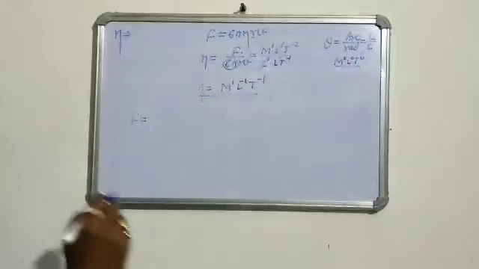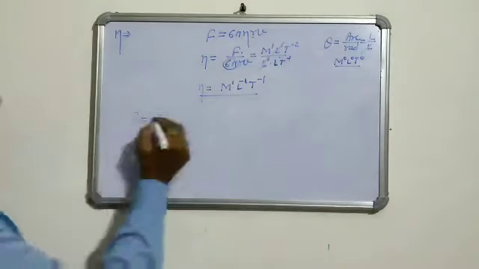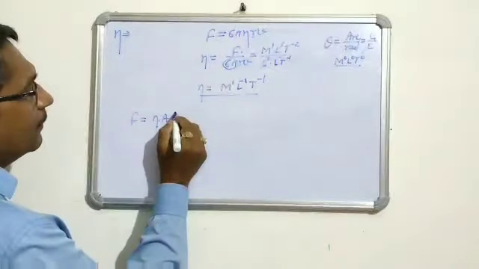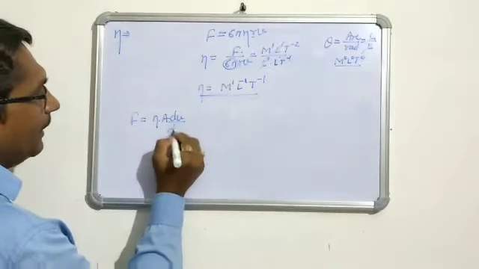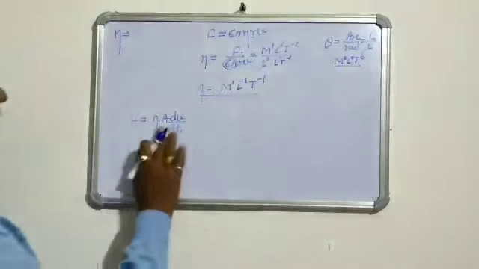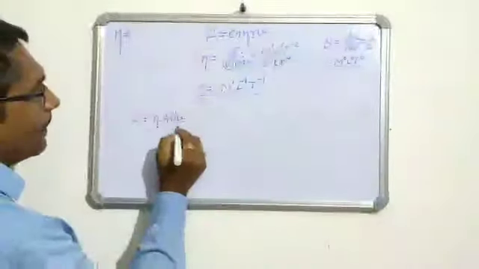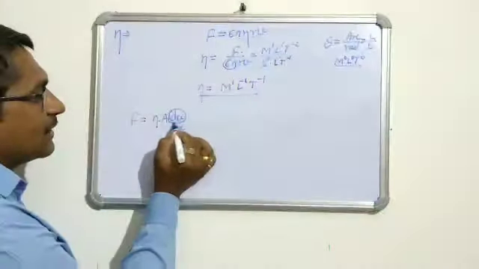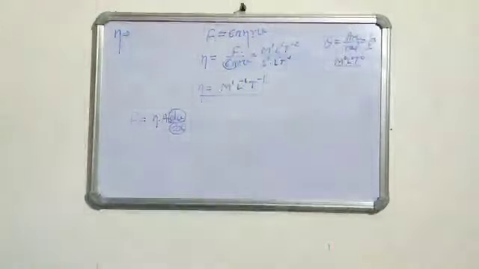F is equal to eta times area times velocity gradient, dv by dx. This dv is a very small change in velocity and this dx is a very small change in distance.